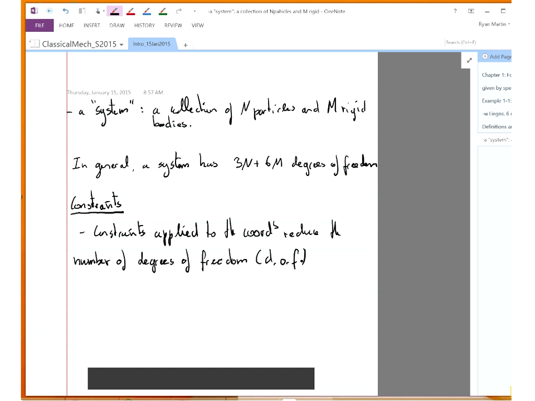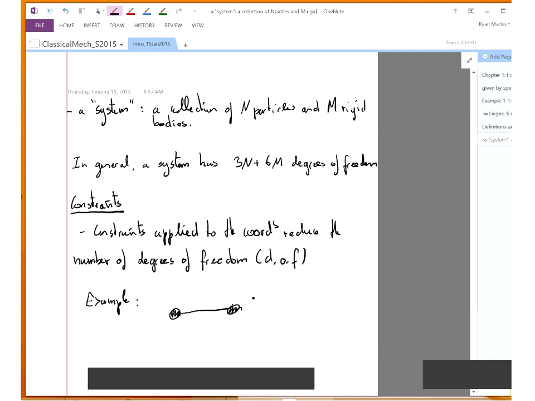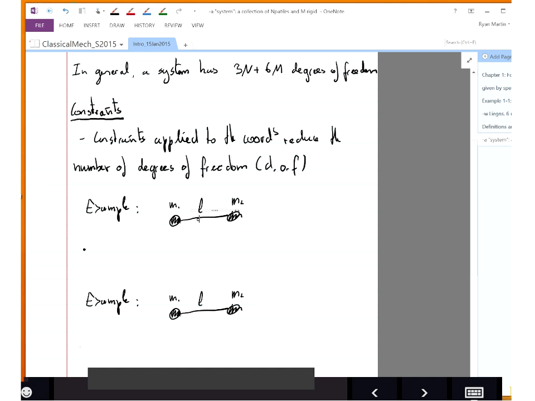So let's do an example to show that. Let's say, for example, we have two masses, M1 and M2, that are attached with a rigid rod of length L. So how many degrees of freedom?